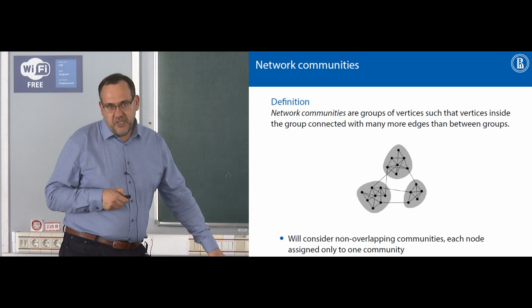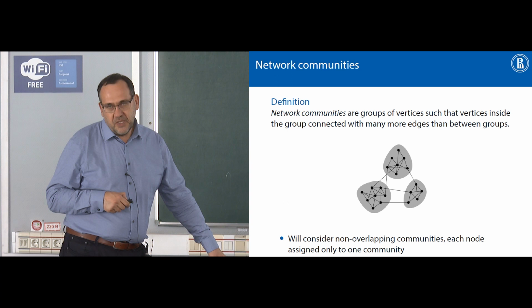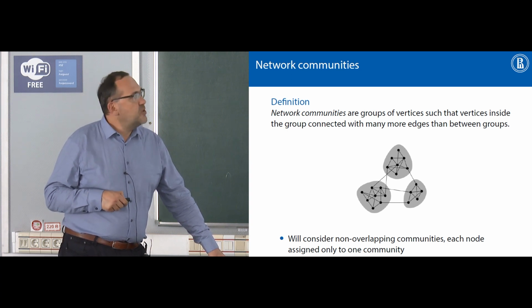But that's not a good split. But if I cut only 4 edges here, that might be a pretty good split. So I can convert this problem of finding communities into the problem of finding those edges I need to remove, right?